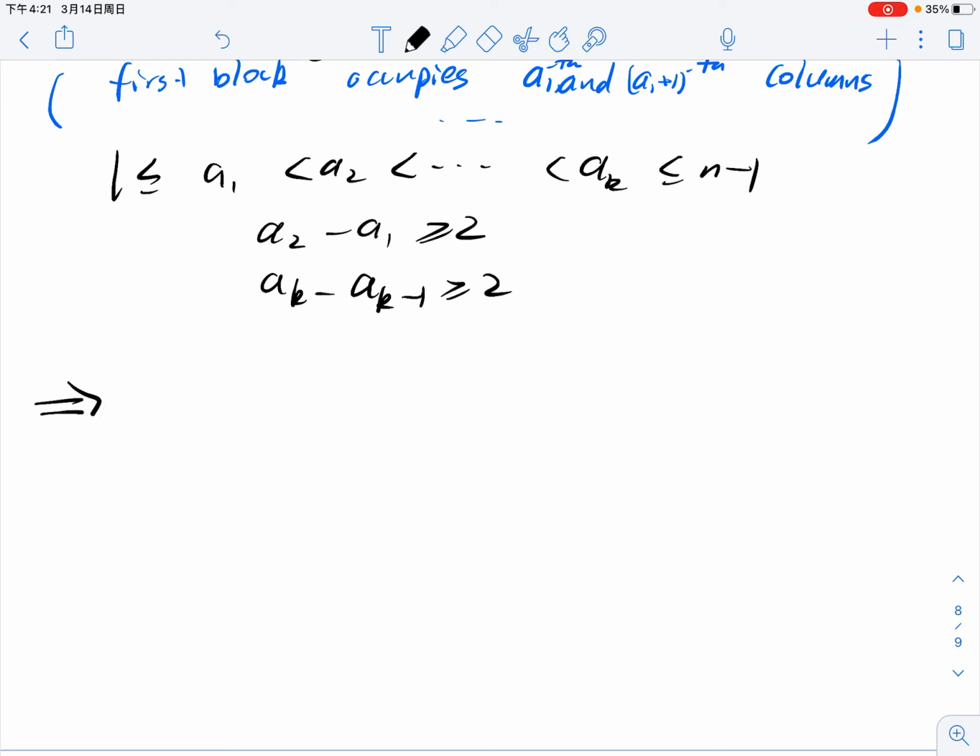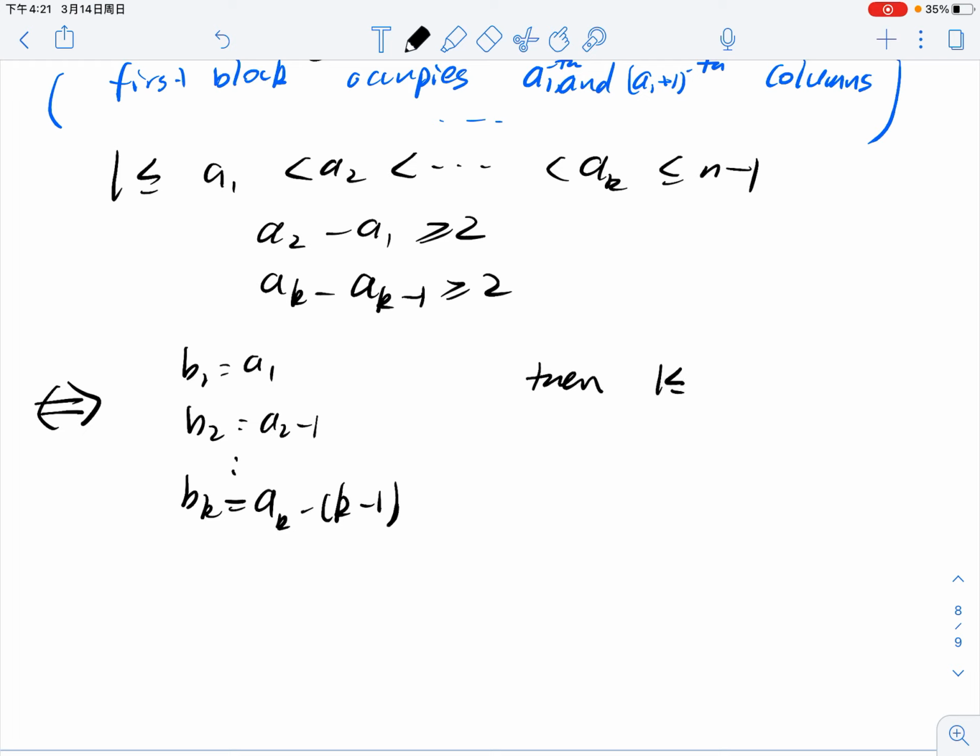Okay, now we do the transformation, a change of variables. This is the way we deal with problems when we find the number of integer solutions according to some linear system of inequalities.